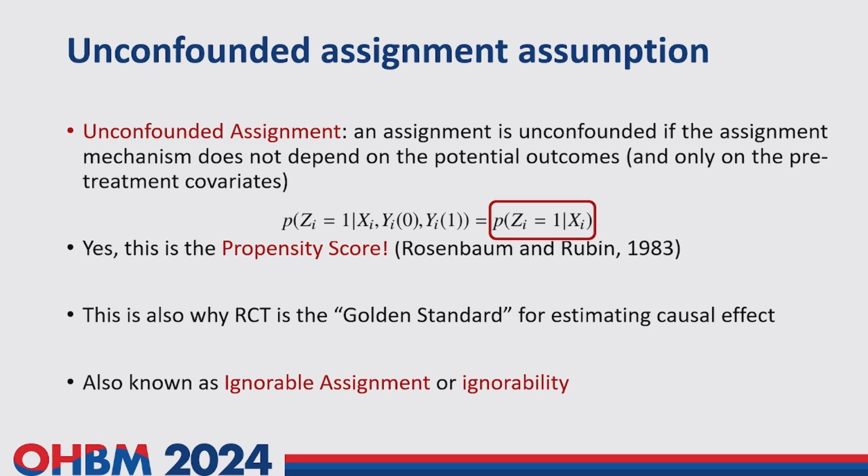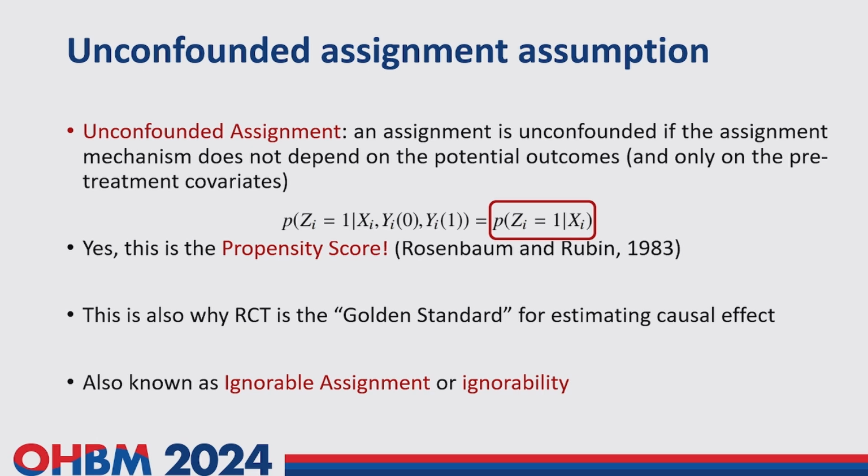Unconfounded assignment is expressed by this equation here. It says that the assignment of treatment based on your covariates and your outcomes equals the assignment based only on your covariates, not on the outcomes. That is, in your experiment, the assignment of treatment won't depend on your outcome at all.